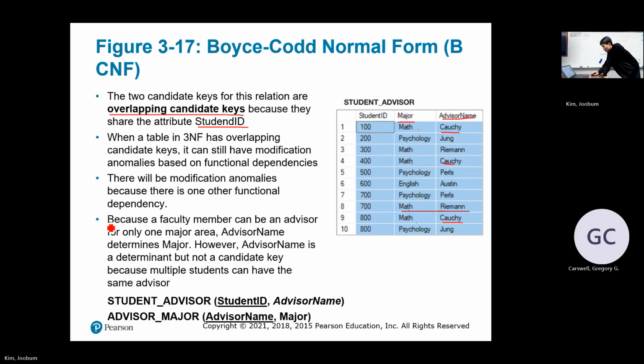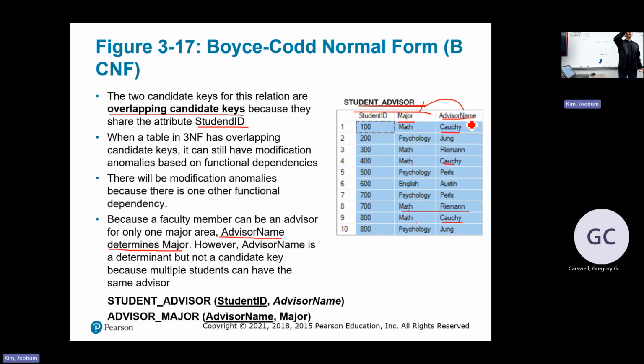So advisor name determines the major. But important thing: can advisor name determine student ID? No, advisor name only determines the major, but does not determine student ID. So advisor name cannot be a candidate key, just a determinant.